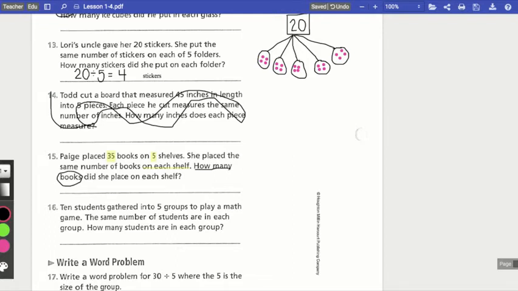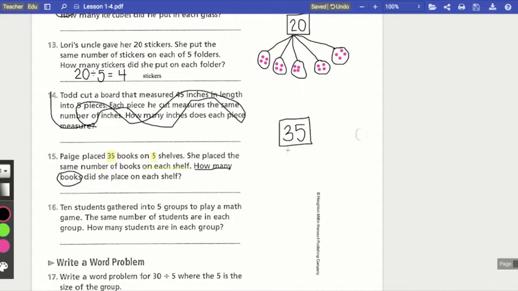What is our total number of books that we start with? How many total books does Paige have to begin with? Very good. She's got 35 to start with. Now she is splitting them into even groups again. How many groups is she splitting them into? 5 shelves.